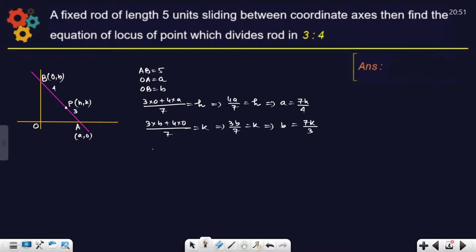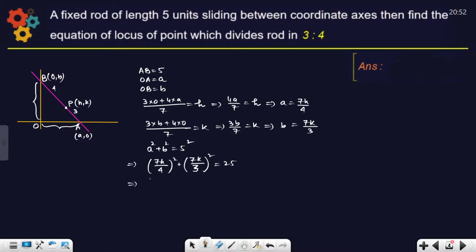And one more condition is given: since the length of OA is a and the length of OB is b, by using the Pythagoras theorem, a square plus b square is 5 square, which is the length of the rod. So we can write (7h over 4) whole square plus (7k over 3) whole square is equal to 25.